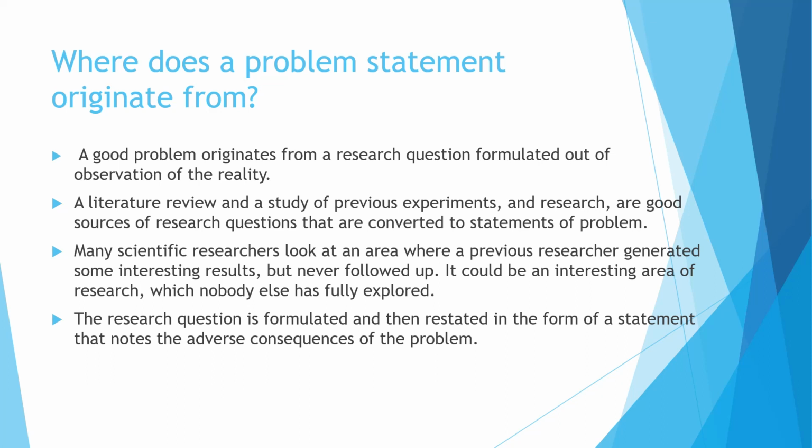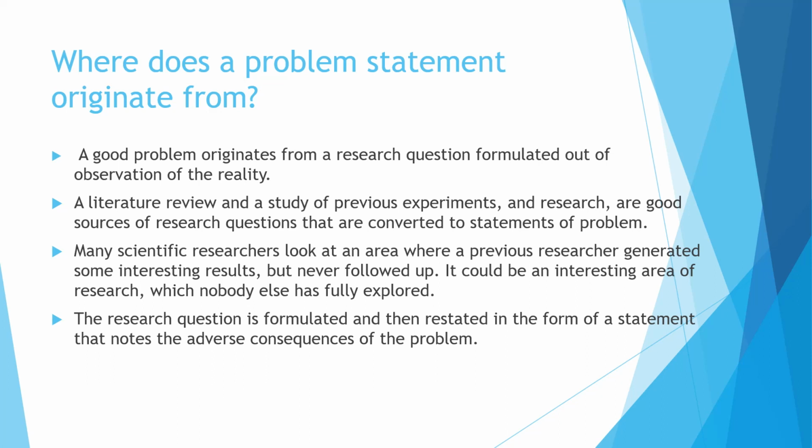Usually students will write the statement of problem and then end the section with the research questions. Many scientific researchers look at an area where a previous researcher generated some interesting results but never followed up. You can get this from the last part of the journal article, the conclusion. Usually authors state the limitations of their study and recommendations for further research.